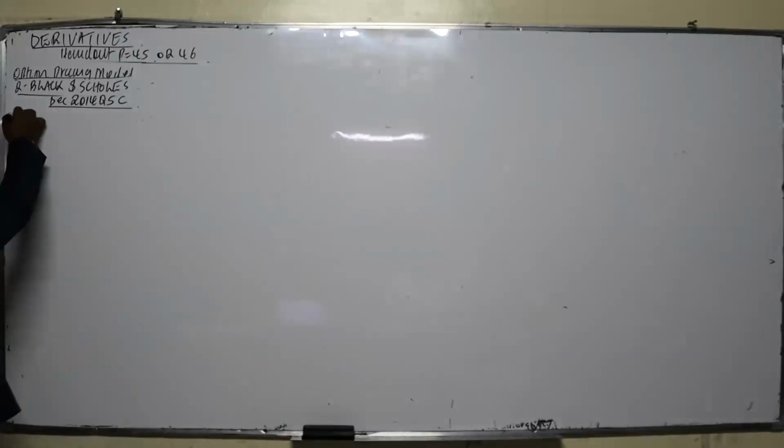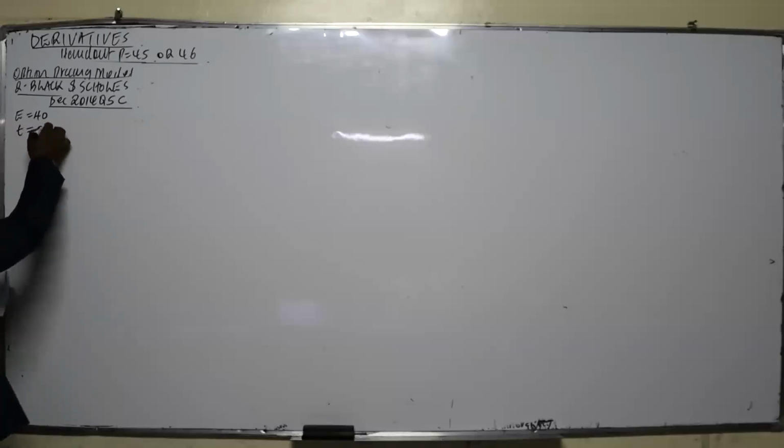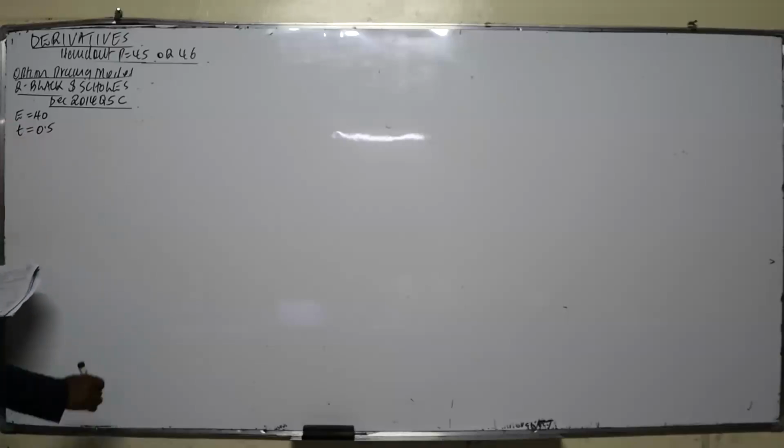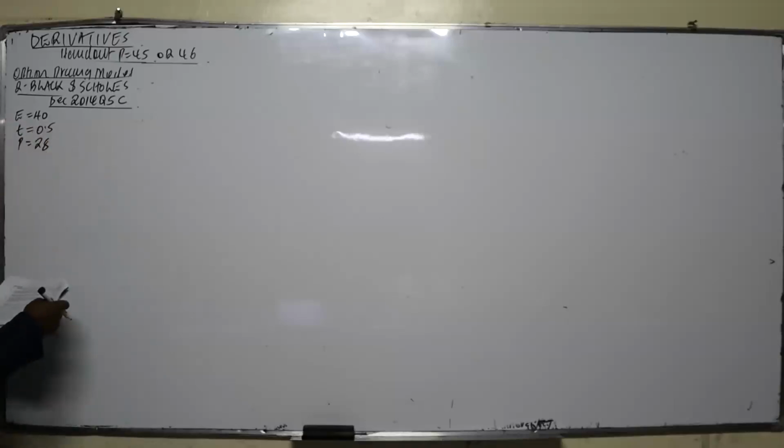Now, part C of the question. A European call option trading on the security exchange has an exercise price of 40. Its maturity date is 6 months from now, so T is 0.5. The current stock price P is 28.